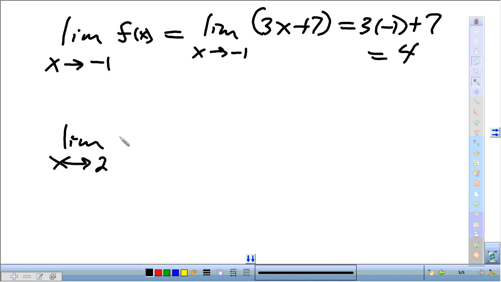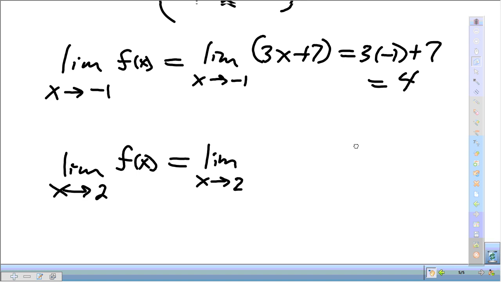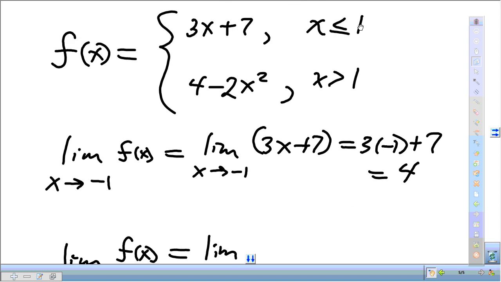Or if we took the limit as x approaches 2 of this function f of x. 2 is away from the splice at 1.